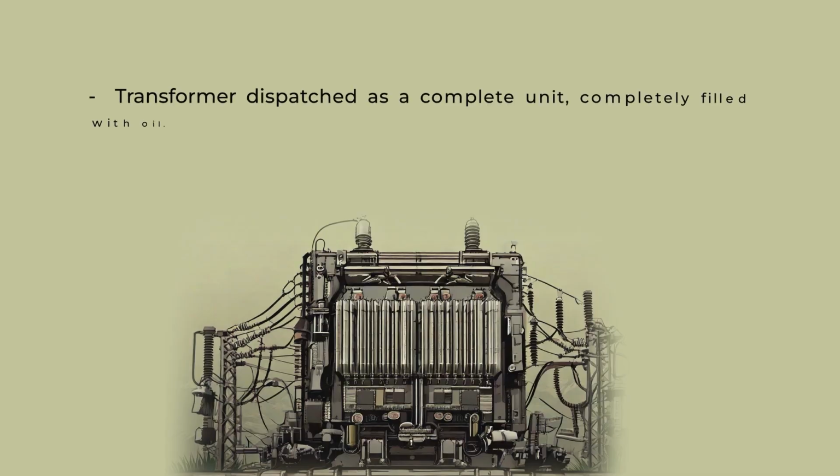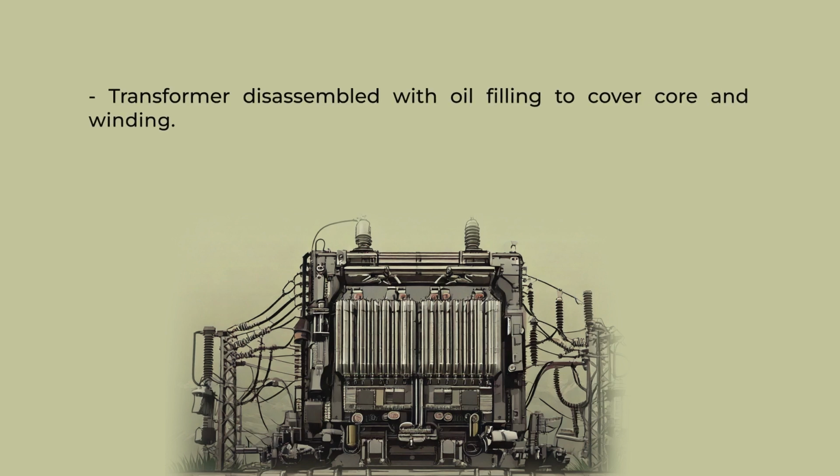There are three cases. First, the transformer is dispatched as a complete unit, that means along with the oil, the entire transformer is dispatched as one unit. Second, the transformer is disassembled with oil filling to cover core and winding.